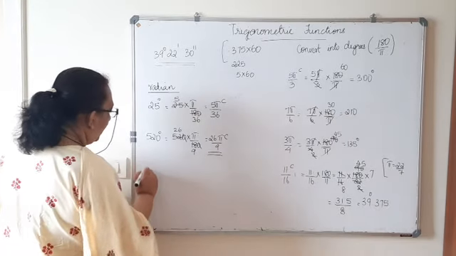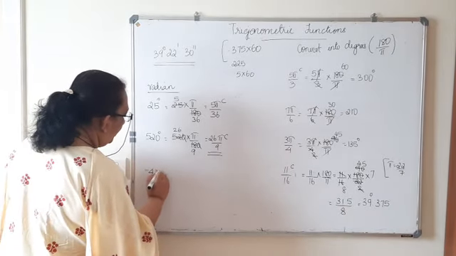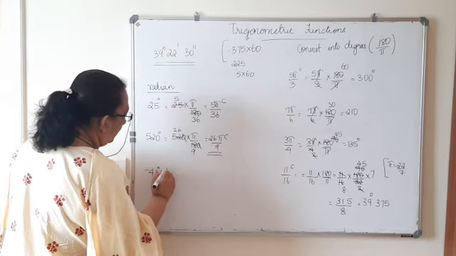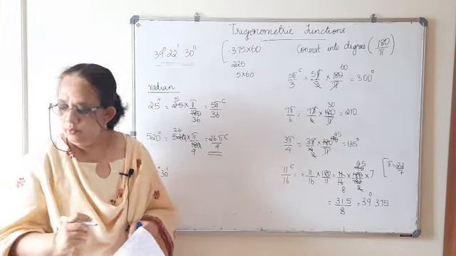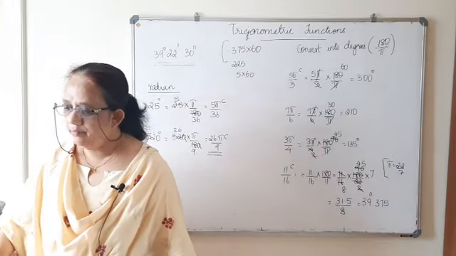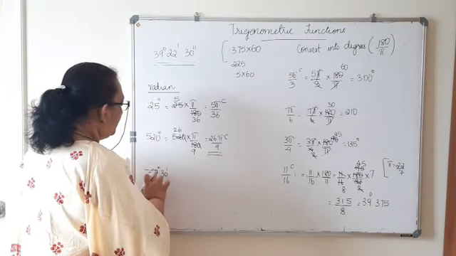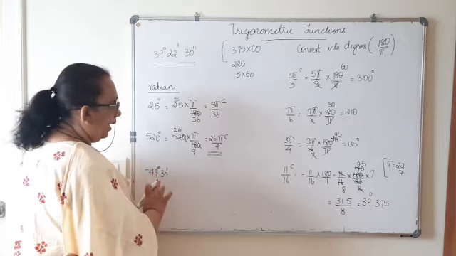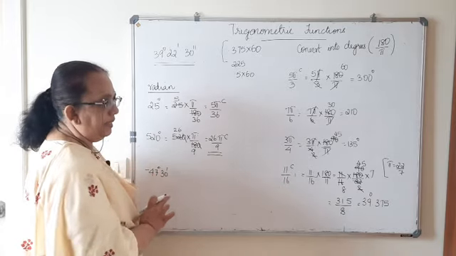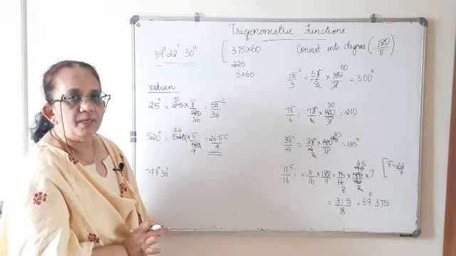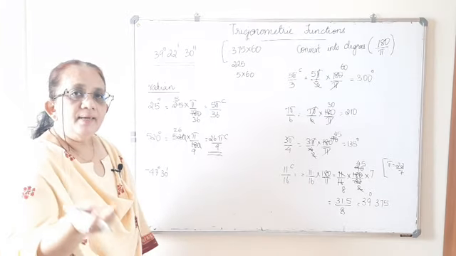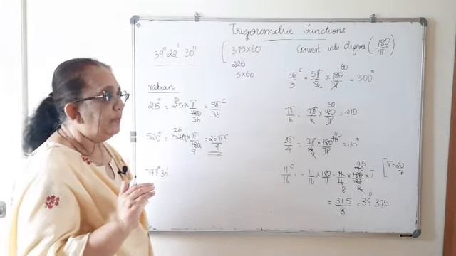Next one, minus 47 degrees 30 minutes. But when you do such type of questions, you have to remember that all units should be the same. Here 47 degrees, okay, but this is 30 minutes. 30 minutes has to be converted into degrees, and degrees has to be converted into radians.